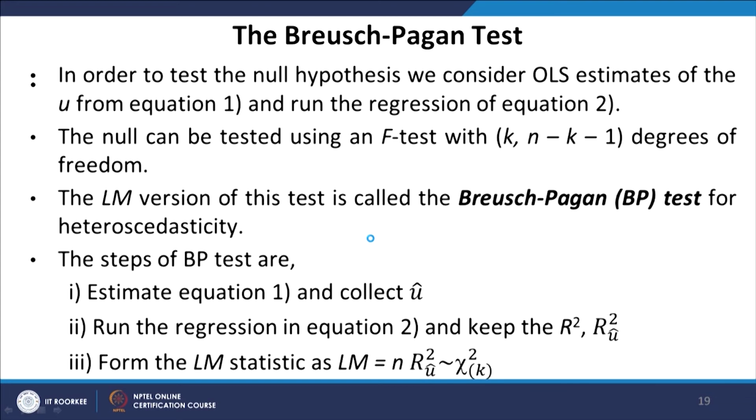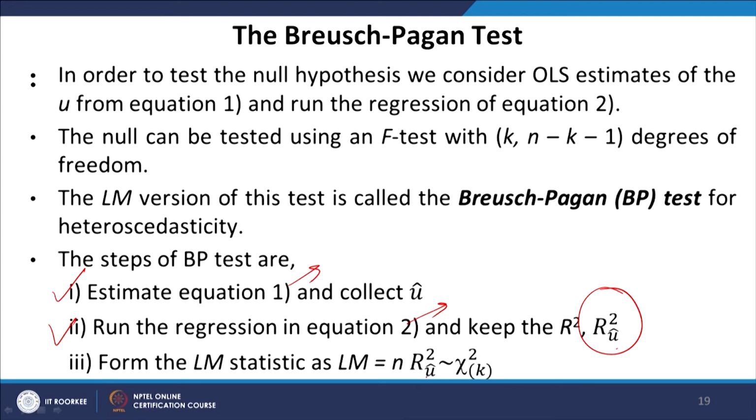The steps of the BP test are: first of all, estimate equation 1 and collect u hat. Second, run the regression in equation 2 and keep the R square, which we call R square u hat. This is because it is not the R square generated from equation 1; rather it is generated from equation 2, where the dependent variable is u hat square, and that is why we call it R u hat square.